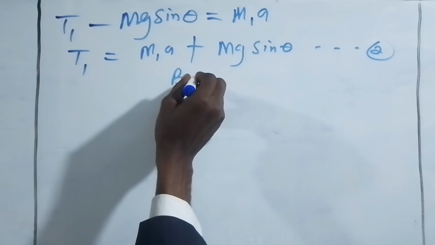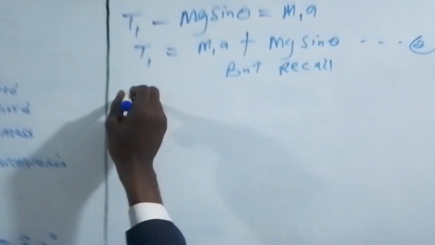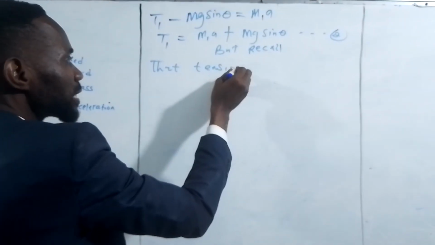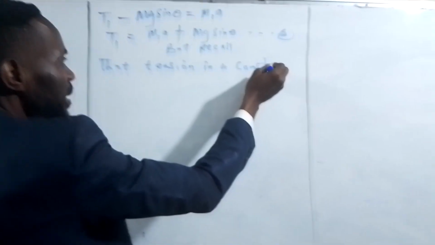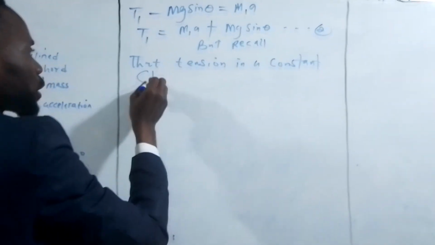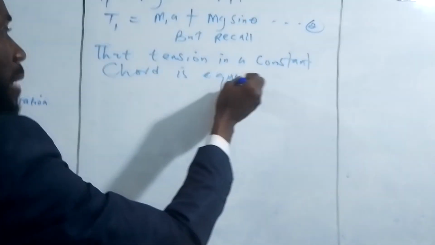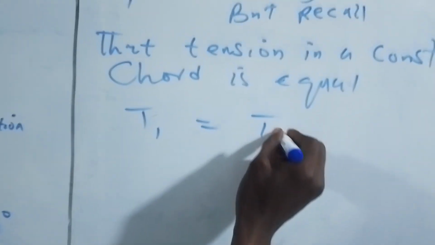But we should recall that tension in a constant string or cord is equal. That is to say, T1 is equal to T2.